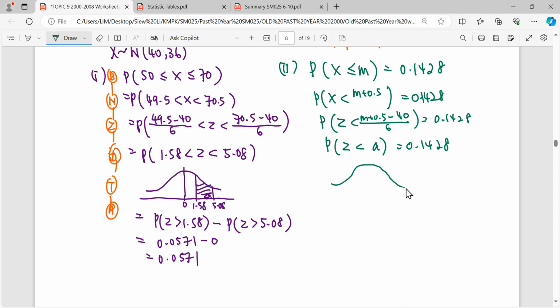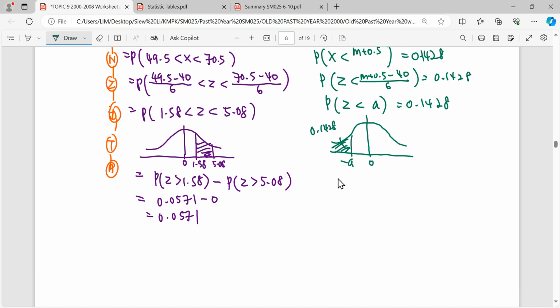So I assume it as a value k or value a. Then we draw it, guessing whether it is left hand side or right hand side. Negative, yes. Less than that, this region, 0.1428.